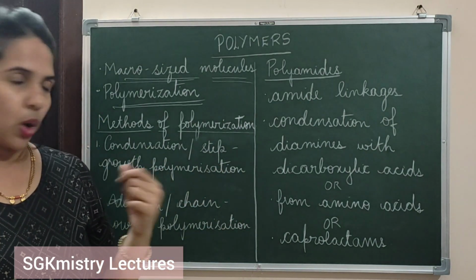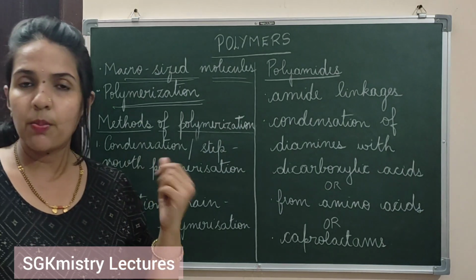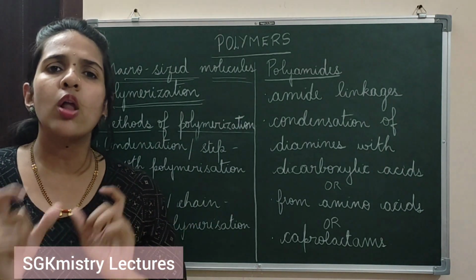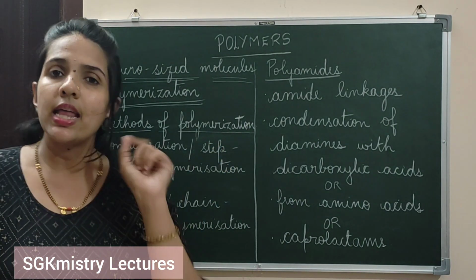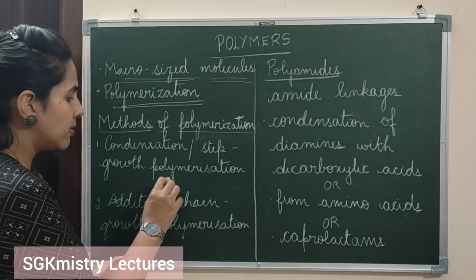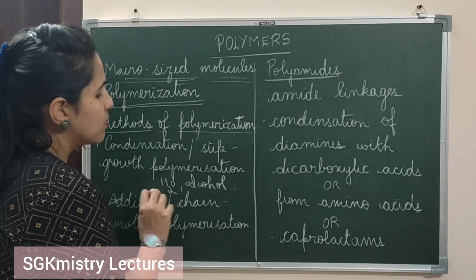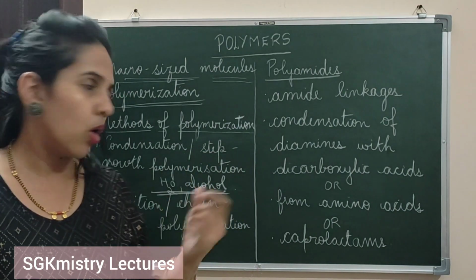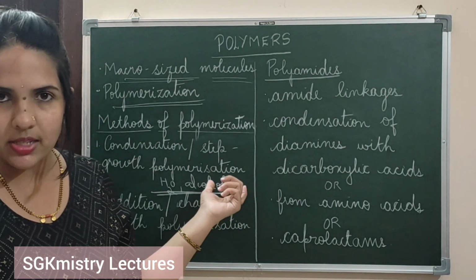So first let me tell what is the basic difference between these two types of polymerization reactions. In condensation polymerization, as the name indicates, a condensation reaction involves the loss of small molecules during the reaction. So small molecules like water or small molecular weight alcohols will be removed during condensation polymerization.